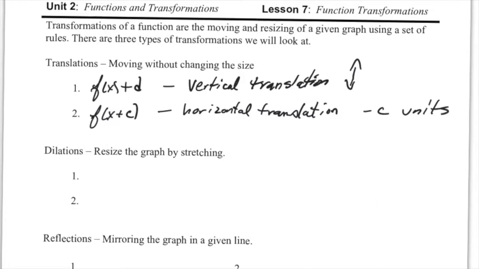In other words, if you have f of x plus c, then this will translate c units to the left. If you have f of x minus c, in parentheses, then you will shift c units to the right. You should have experienced this before now as well.